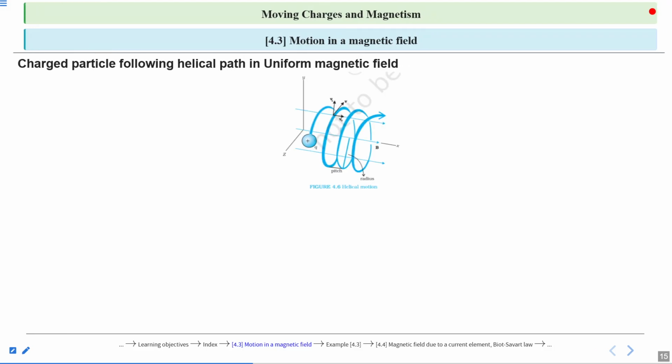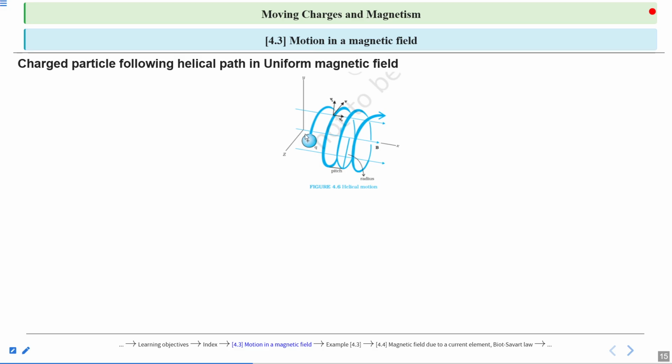Now, a charged particle following a helical path in a uniform magnetic field. Now we will see how the helical path is formed. I have also mentioned how it is forming, because velocity is not perpendicular to the magnetic field here. Velocity is at some angle to the magnetic field other than 90 degrees. So we are going to resolve the velocity into v perpendicular and v parallel.